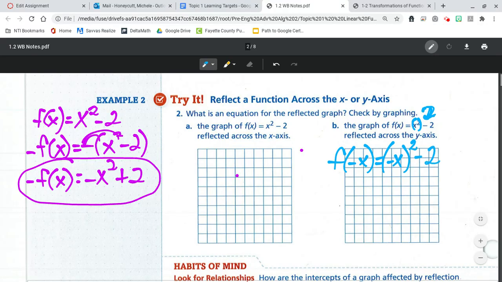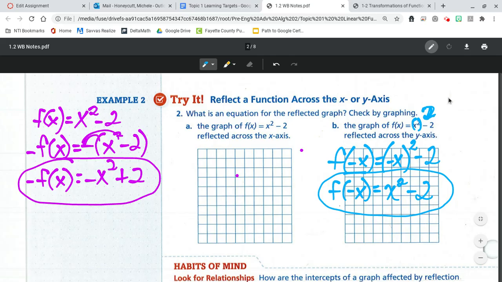And then I'm going to simplify this. So f of negative x equals, when you square a negative, a negative times a negative is a positive. So I'll have positive x squared minus 2. And so this is what it should look like when we reflect across the y-axis. Oh my goodness, it's the same as the original.